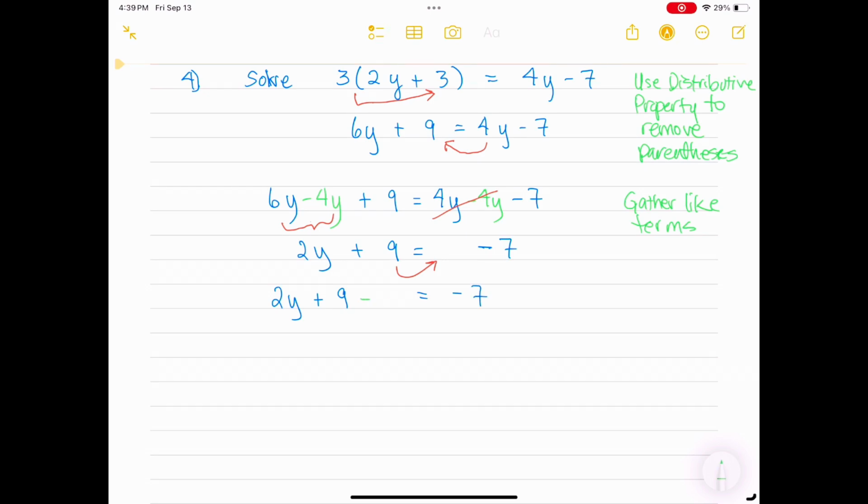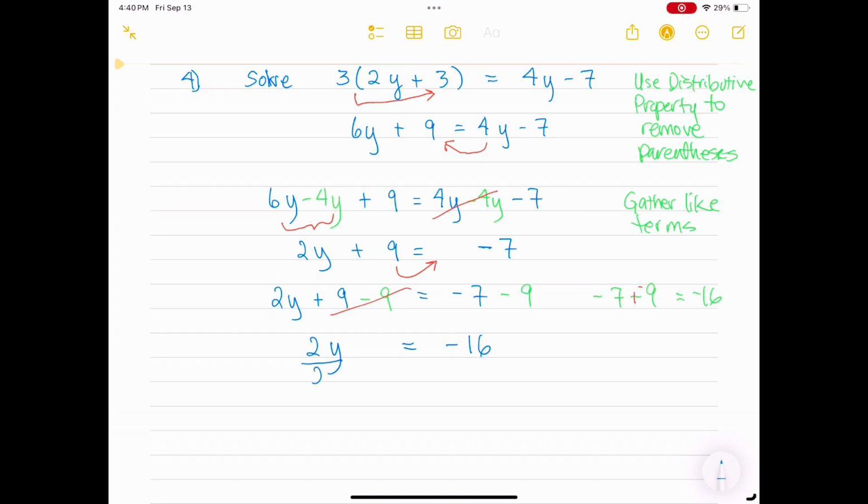So I rewrite the equation, 2y plus 9, giving myself room to write minus 9 on both sides of the equation. On the left-hand side, 9 minus 9 equals 0, which leaves 2y by itself. On the right-hand side, we have minus 7 minus 9, which equals negative 16. So on the next line, we write 2y equals negative 16.